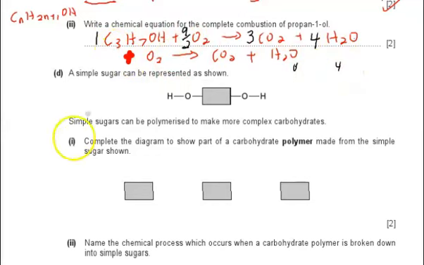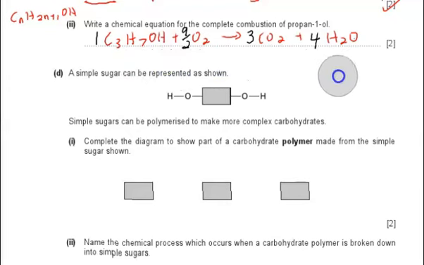Or if you want to make it another way, we can multiply this by 2. Okay, we can multiply this one by 2, and you will have 2 here, and you have 9 oxygen here.